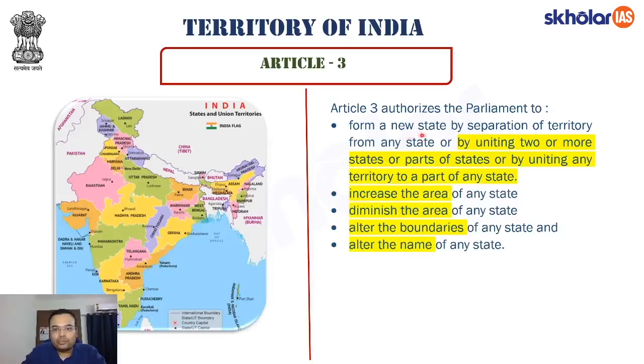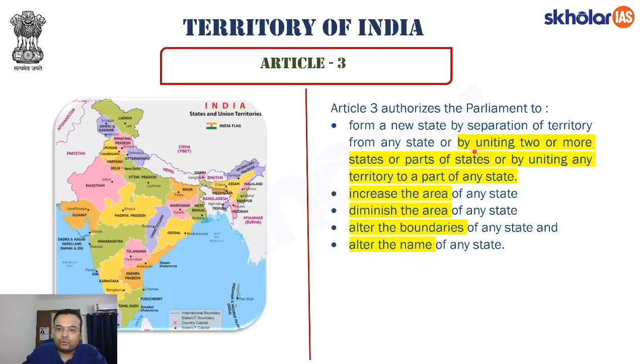First, to form a new state by separation of territory from any state, or by uniting two or more states or parts of states, or by uniting any territory to a part of any state. What exactly are you trying to say here? Putting it very simply, if Parliament wants to separate territory from any state, it can do so by Article 3.